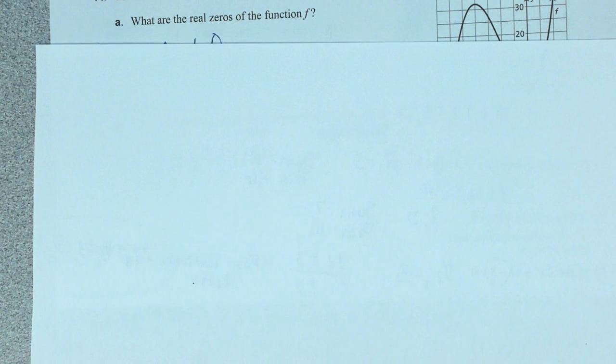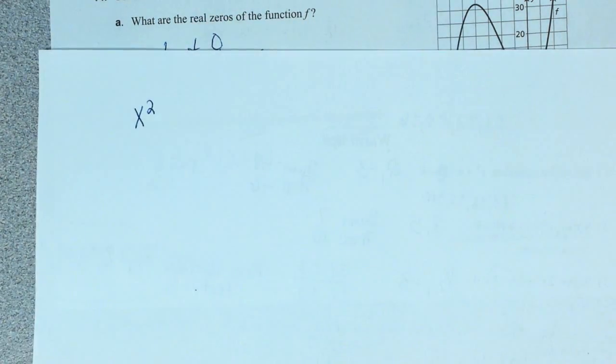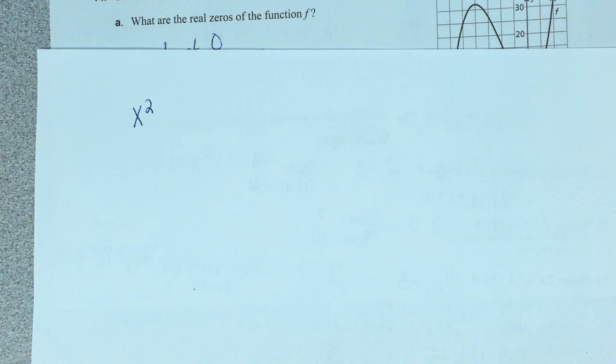Can you guys think of any equation that would give me 2 imaginary solutions? Think of an equation that would give me 2 imaginary solutions. A quadratic equation would give me 2 imaginaries.